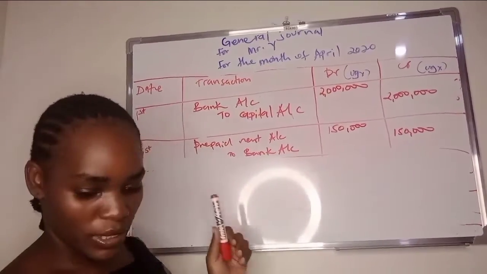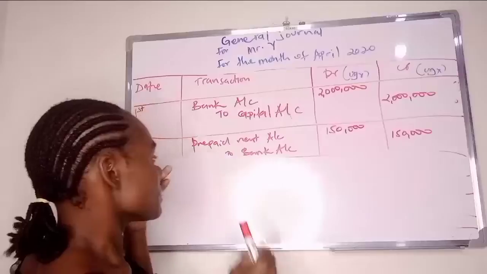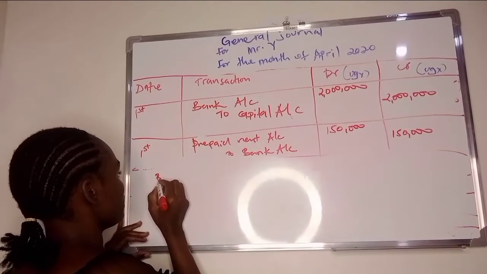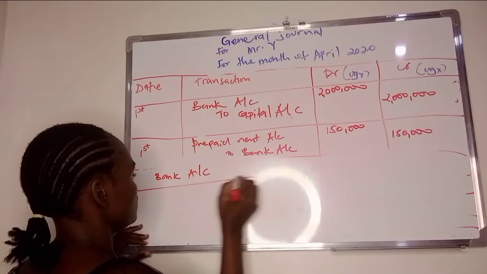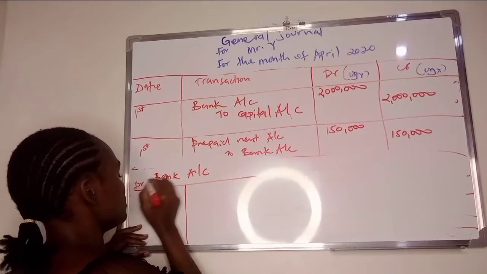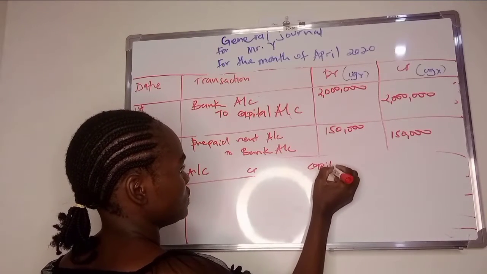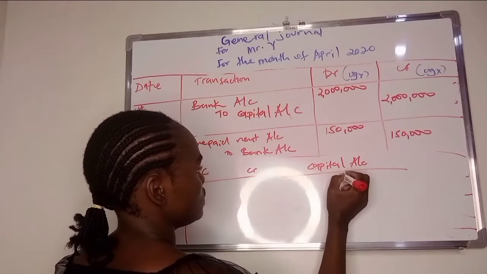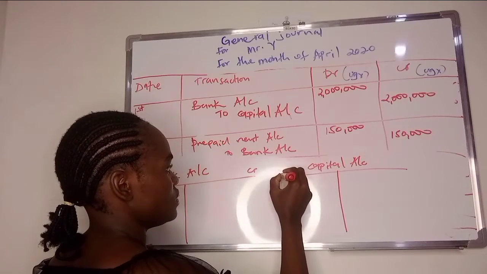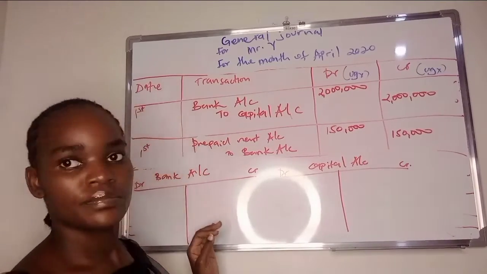So if you are to prepare individual accounts, we say bank account, debit, then credit, then capital account, debit, and then credit.